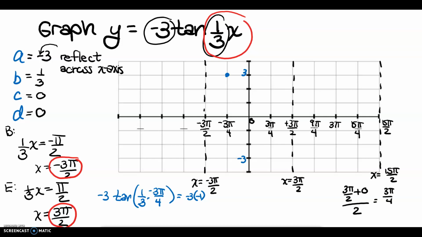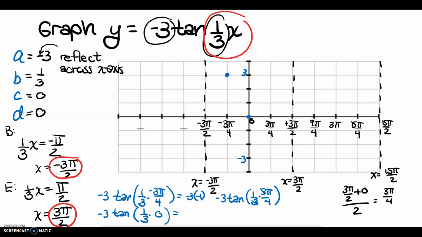All right, so now we have -3 times the tangent of 1/3 times 0. I know the tangent of 0 is just 0, so I'm going to get 0 there. I also know -3 tangent of 1/3 times 3 pi over 4.